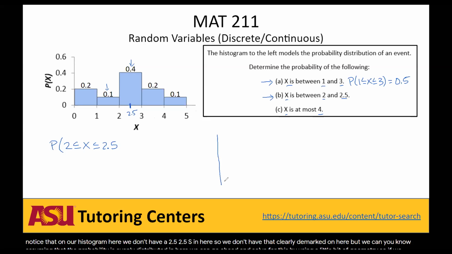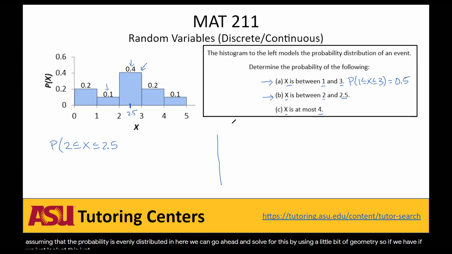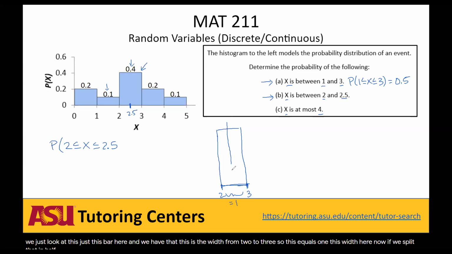If we just look at this bar here, this is the width from 2 to 3, so this width equals 1. Now if we split that in half so that we get to 2.5, then we know that this width is going to be 0.5.